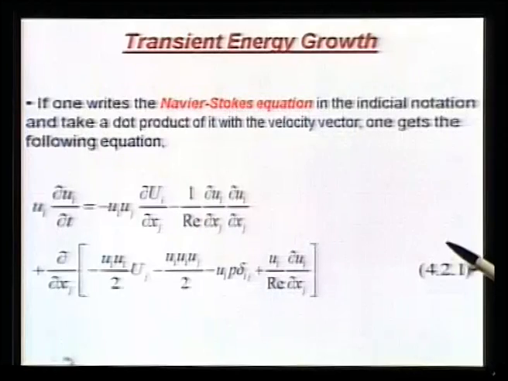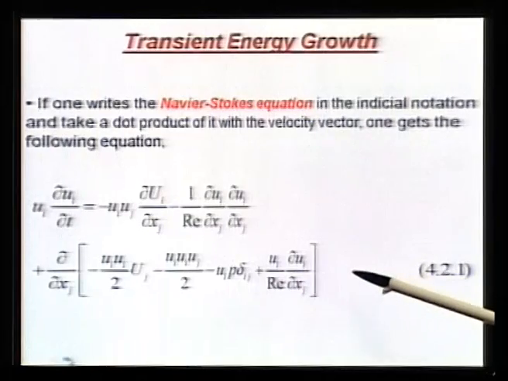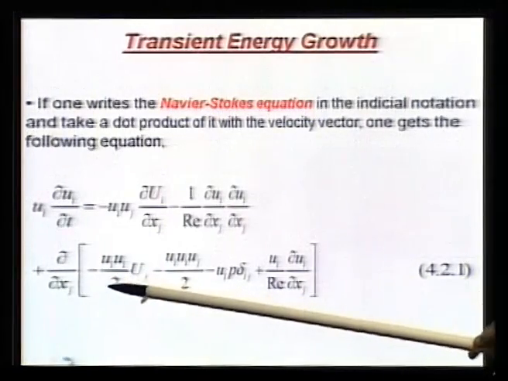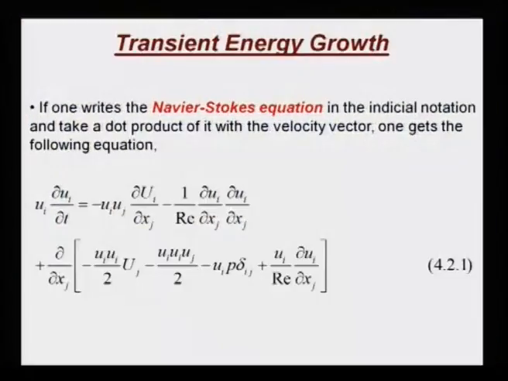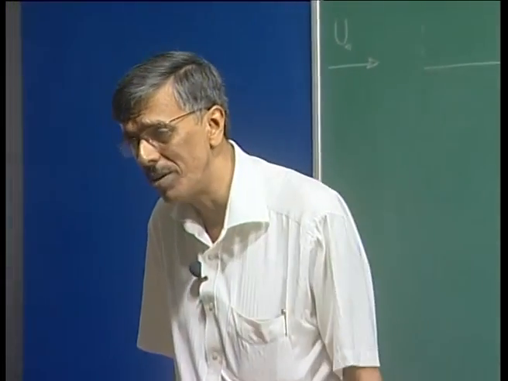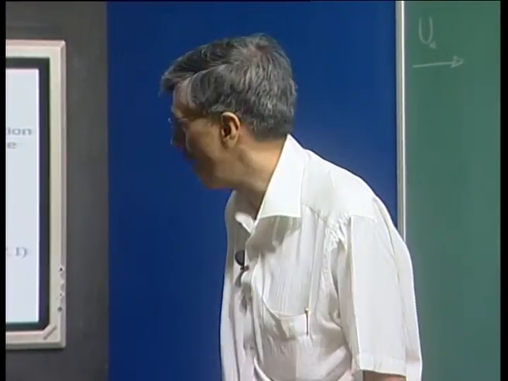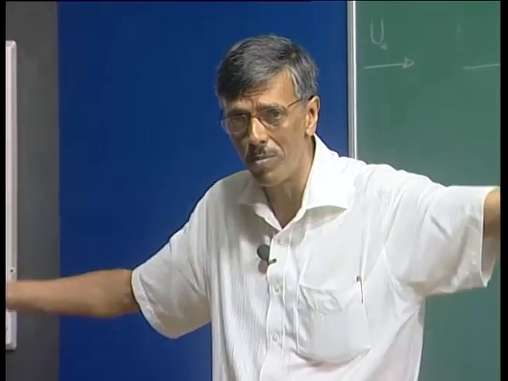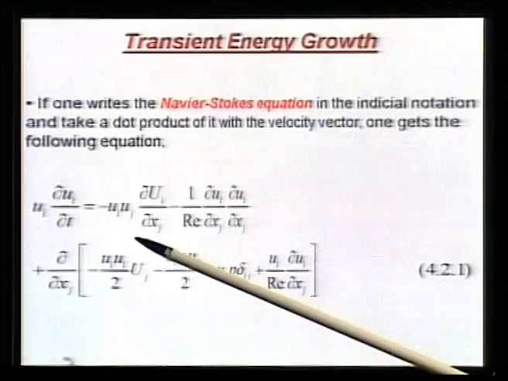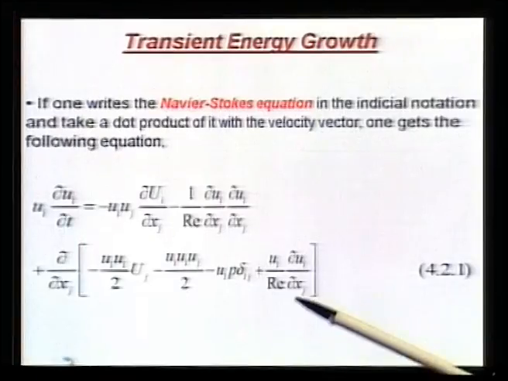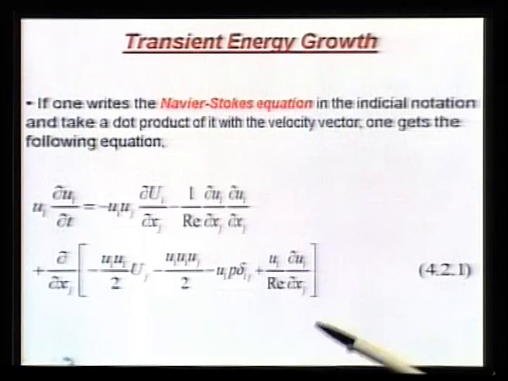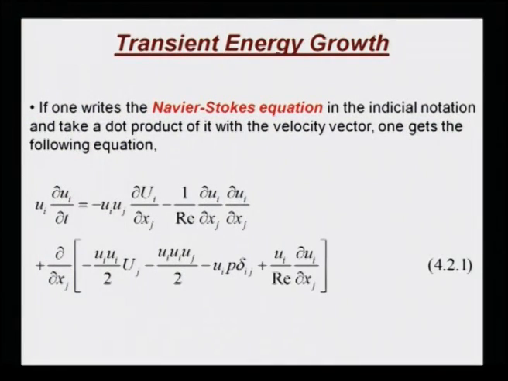The reason that we write this is because this is nothing but a divergence term. So, if I take a volume integral over the whole domain, and if we go over a very large domain where some of these disturbance quantities go to 0, then we will notice that this term will not contribute. Okay.